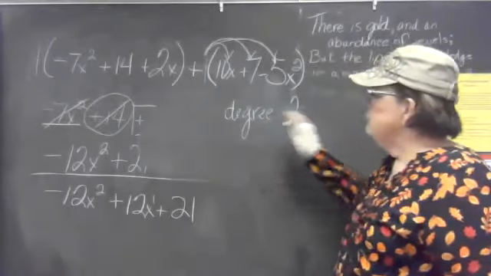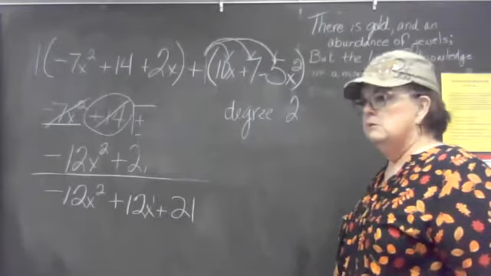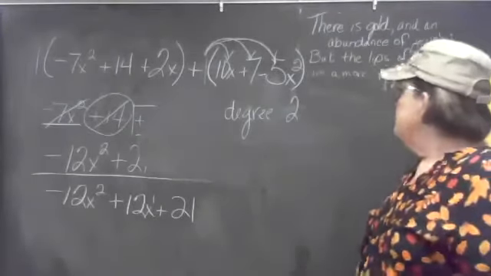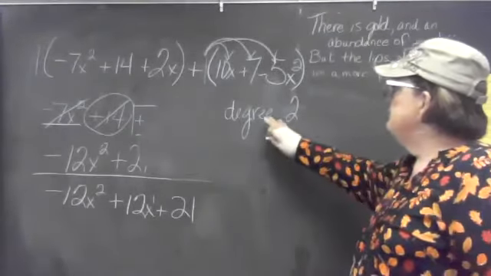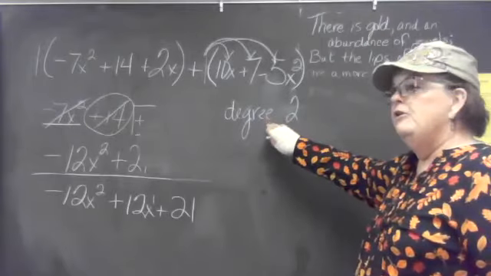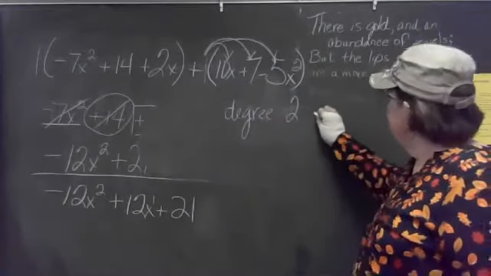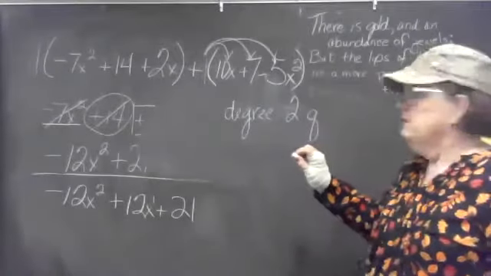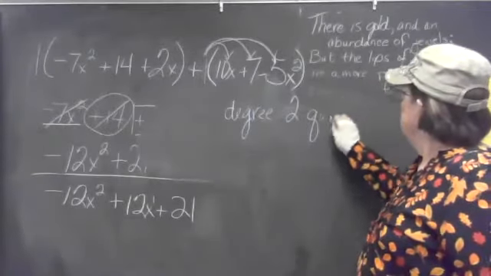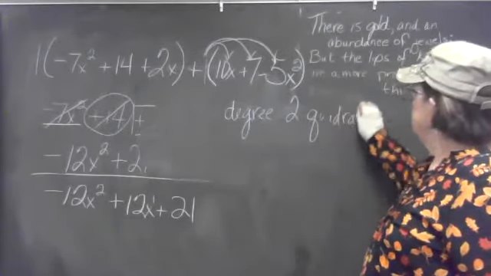That's how we find out the degree of the entire polynomial. Okay, good, Sherry. And then, do y'all remember the name of the polynomial if its degree is 2? Very nice. Quadratic.